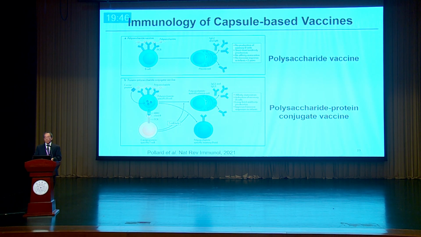There are two polysaccharide vaccine forms. One is just pure polysaccharide. The purified capsule is mixed with alum adjuvant and given to humans, and it only activates B cells without engaging T cells. Therefore, it mostly produces IgM and IgG2 in humans.